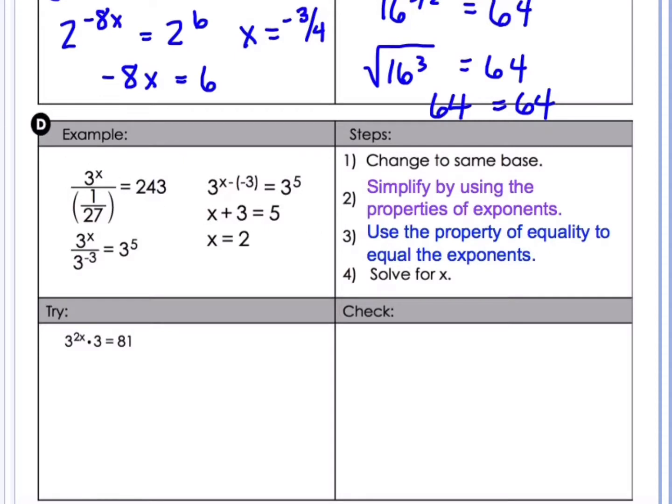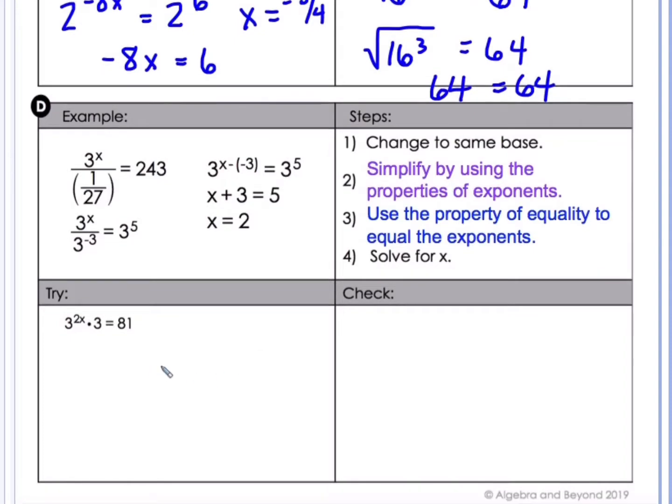Okay, using the properties of exponents and the property of equality for equal exponents. So let's look at this one and do this together. I'm going to keep this as 3 to the 2x times 3, so we know we're going to add exponents, so I'll have 3 to the 2x plus 1 equals 81, but we can write that as 3 to the 4th.